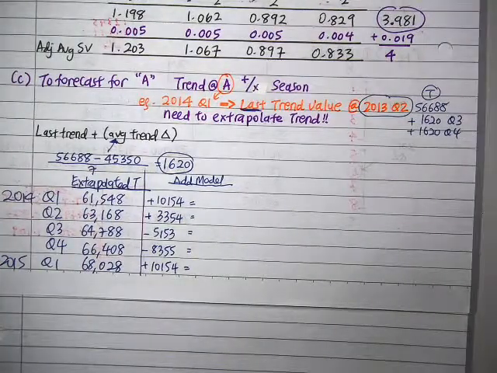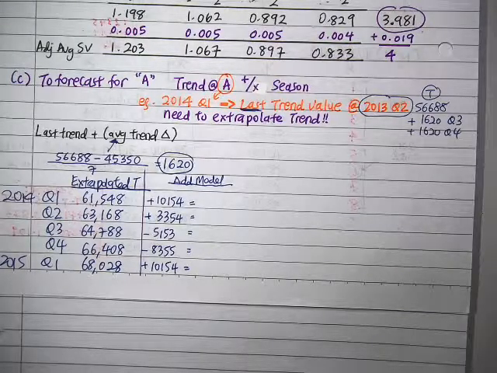Okay, now the total I leave it for you. So this will be the extrapolated trend. These are the results. So the seasonal variation, you add them, that's the forecast. Okay. Now if you are using additive, that's what you do.